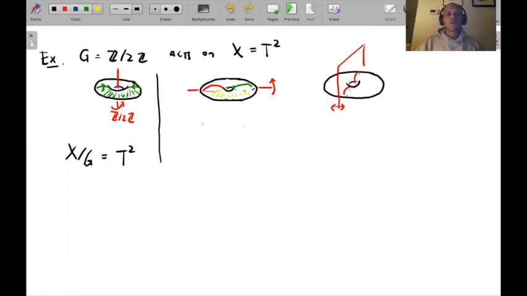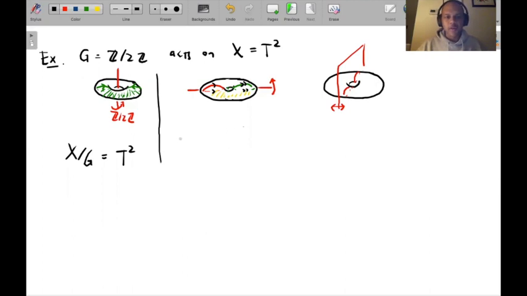And so what we see is that the quotient is, well, the other thing to observe is that this little arc on top, when you do this flipping motion, it gets identified with this edge down here. And similarly, this gets identified with this edge down below on the back side from this perspective.